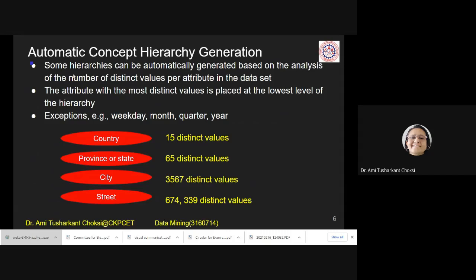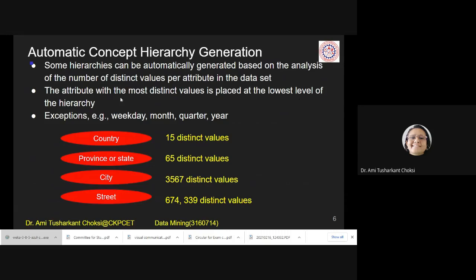Some hierarchies can be automatically generated based on the analysis of the number of distinct values per attribute in the data set. The attribute with the most distinct values is placed at the lower level of the hierarchy. What does it say?